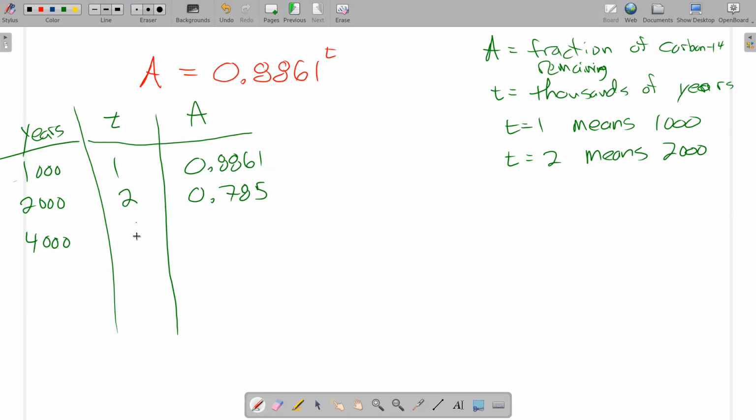4,000 years later, T would be 4. Whoa, that's not a 4, that's a T. T would be 4. And so I'd have to take this to the power 4 on my calculator. This would be a good place for a spreadsheet, huh?